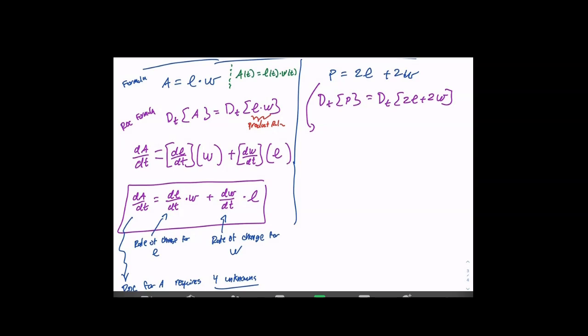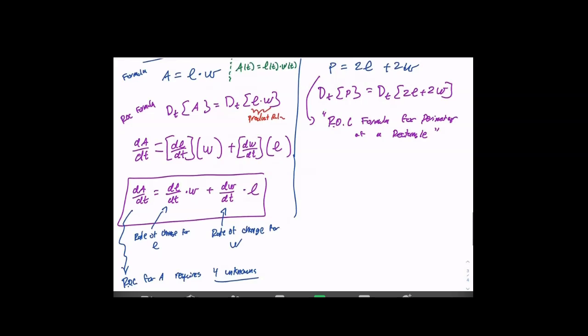Now, this one is actually a much easier derivative. So what is the rate of change formula for the perimeter of a rectangle? That's basically what we're finding.